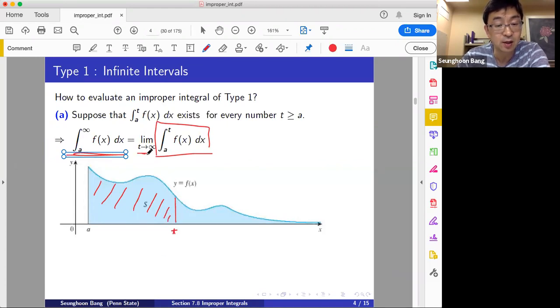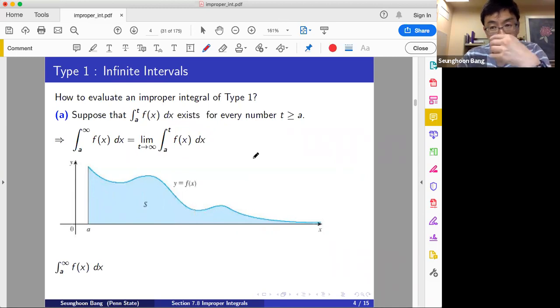What happens in the limit? You move t to the right, toward infinity. Move more, add this area, move more, add this area, and so on.